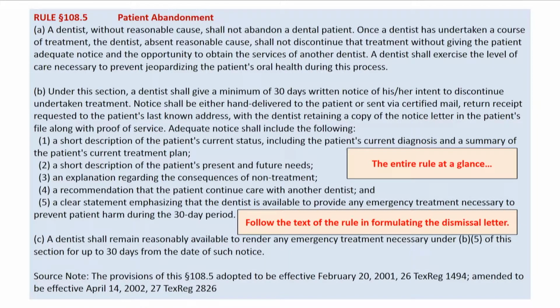So, again, I emphasize, not only follow the text of the rule in formulating your letter, but specifically follow the entire text of the rule in formulating your dismissal letter.